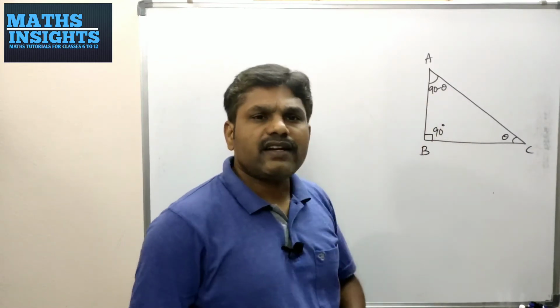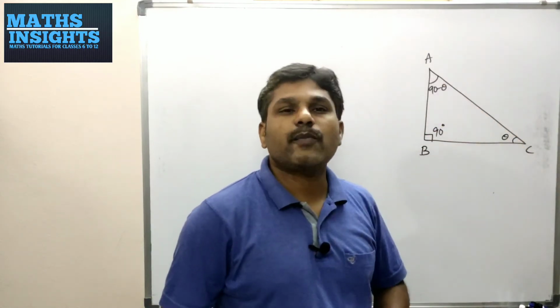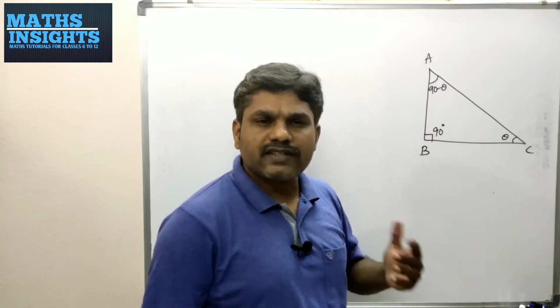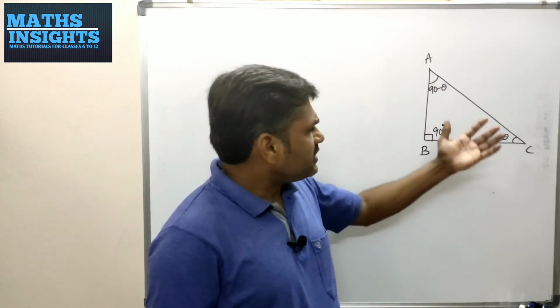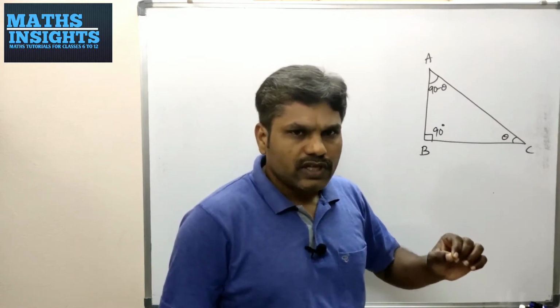And in a right angle triangle, this AC is called the hypotenuse. This is the largest side in the triangle. Basing on this, we will derive the trigonometric ratios.